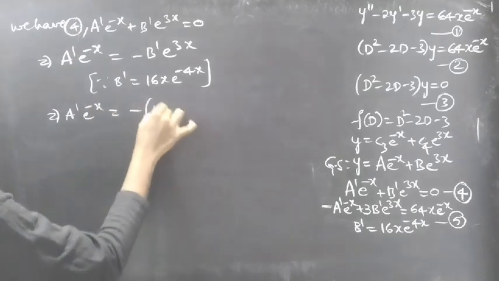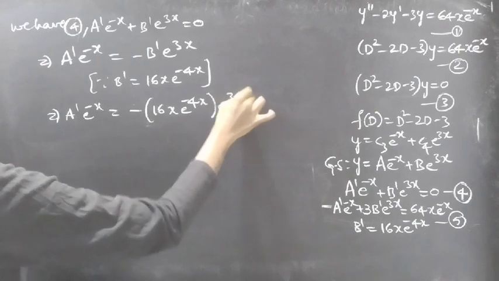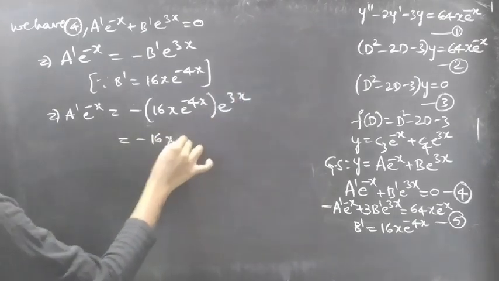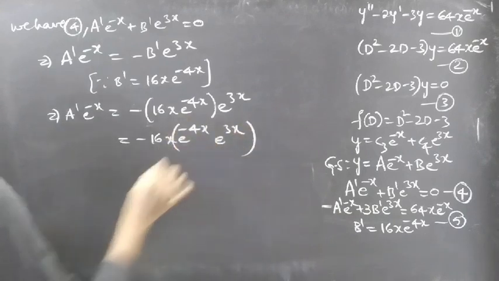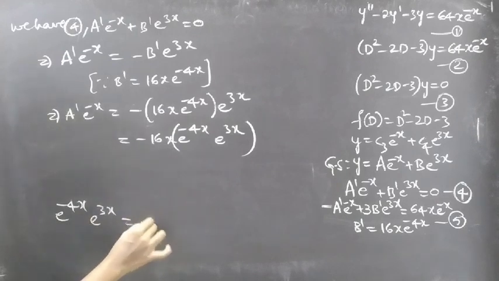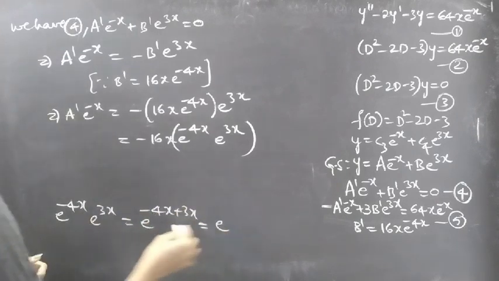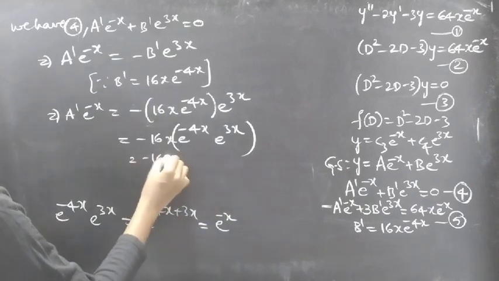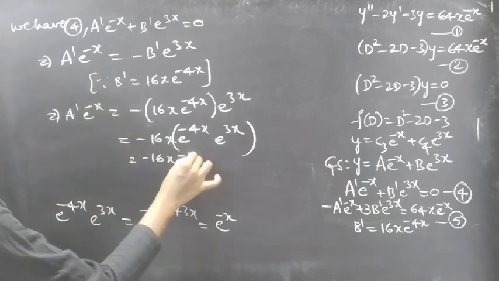We'll get minus 16x e power minus 4x into e power 3x. E power minus 4x into e power 3x can be written as e power minus 4x plus 3x, which is e power minus x. So just replace the term under the bracket with e power minus x.